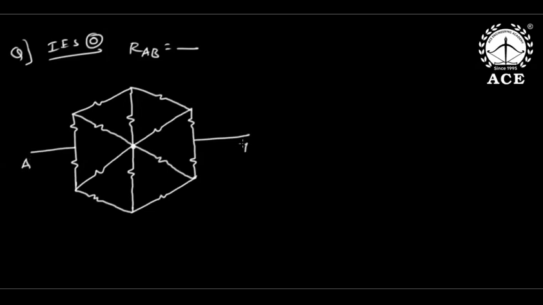These are A and B. All are R ohms. So I am giving everybody only 1 minute. Write some answer and keep quiet. Only 1 minute. Write some answer. RAB.